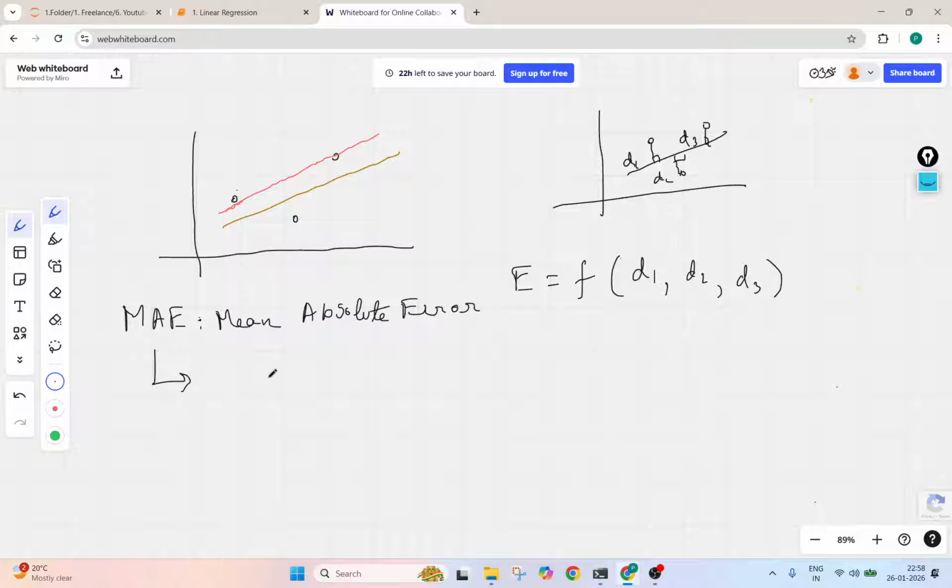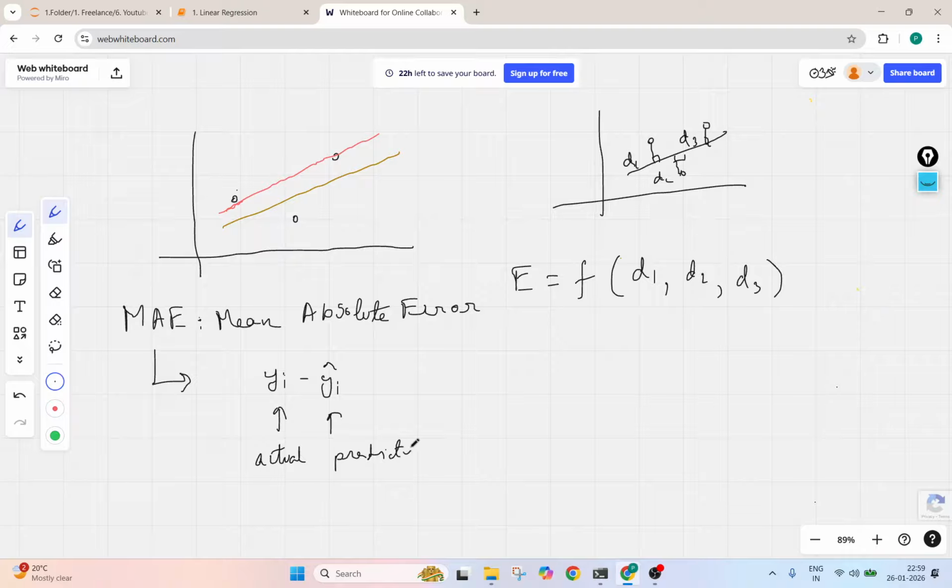So this is nothing but y actual minus y predicted. What is this i? i means I'll be iterating over all the points. So this is the actual value and this is the predicted value.